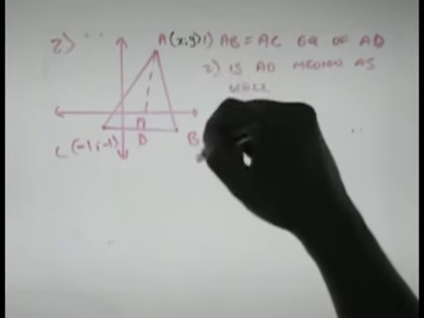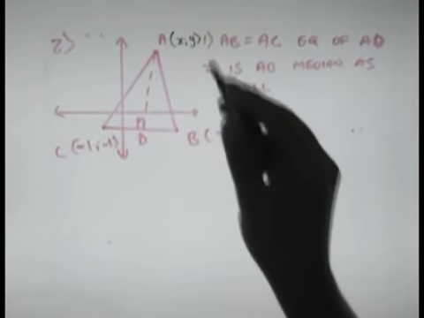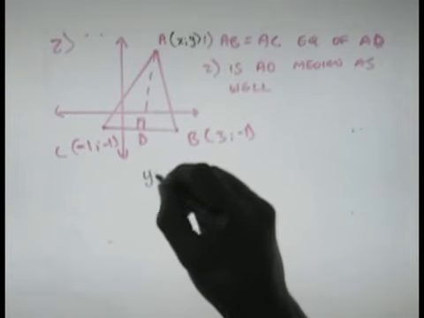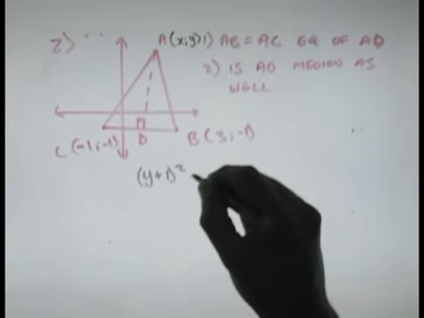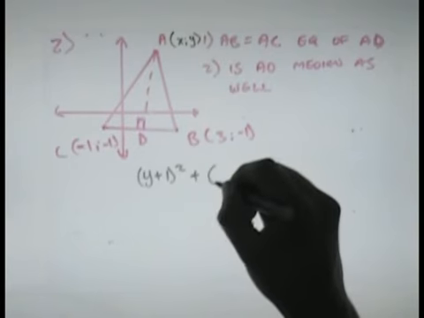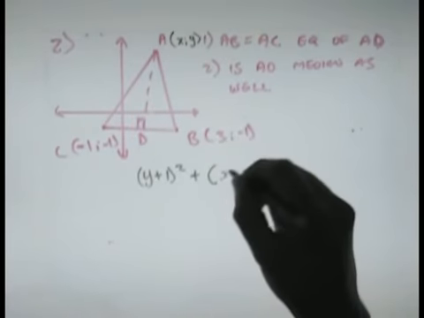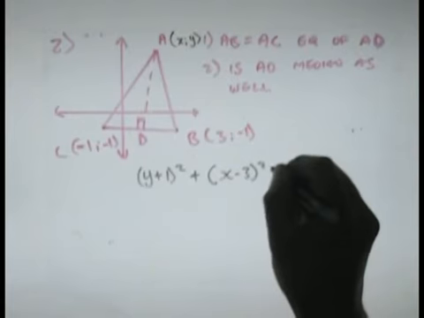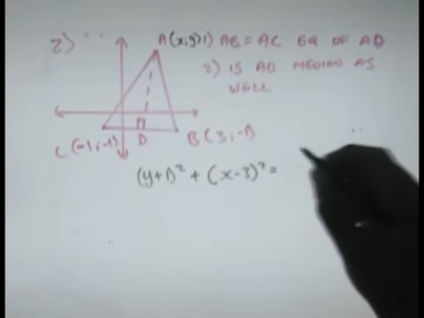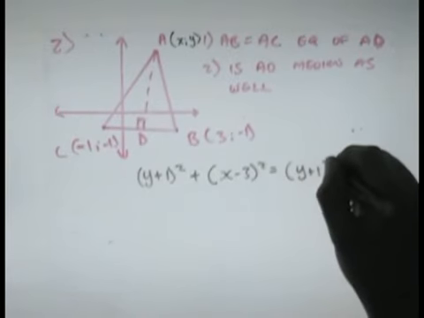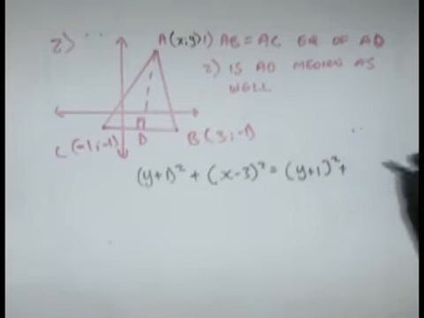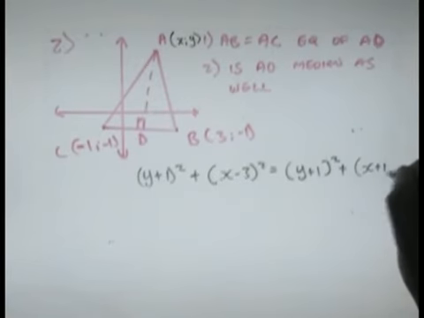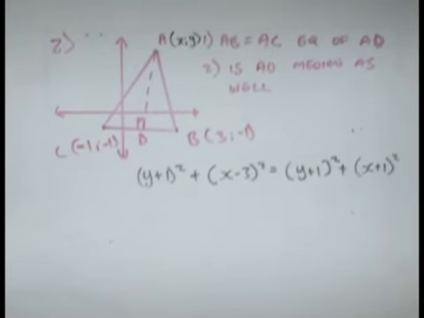That means that AB will equal y2 minus y1, which is just going to be y plus 1 squared, plus x2 minus x1, which is x minus 3 squared, that's AB, is equal to y plus 1 squared plus x plus 1 squared.